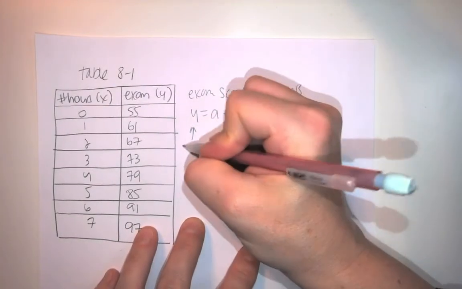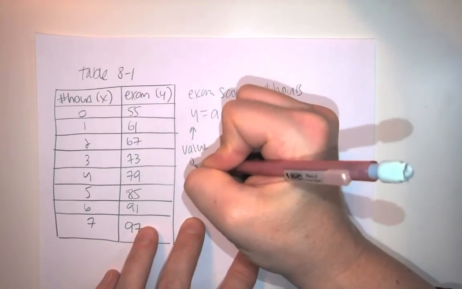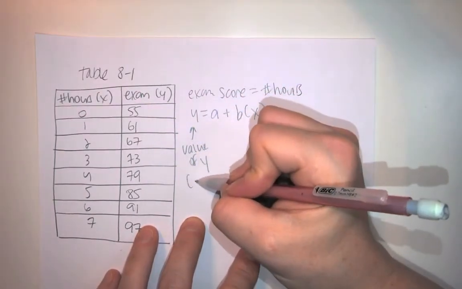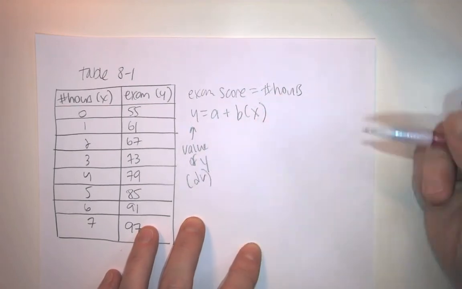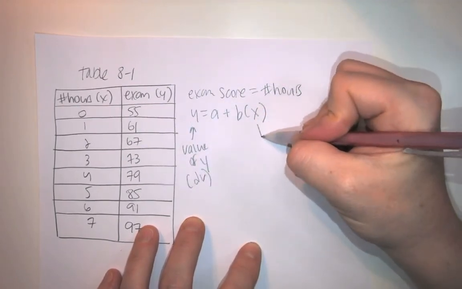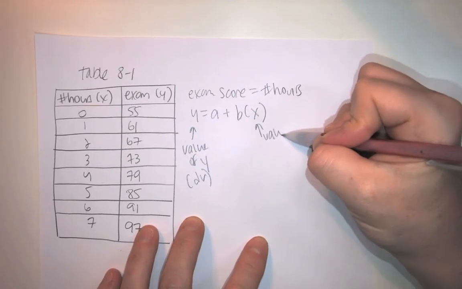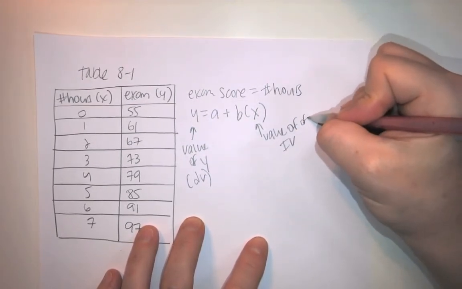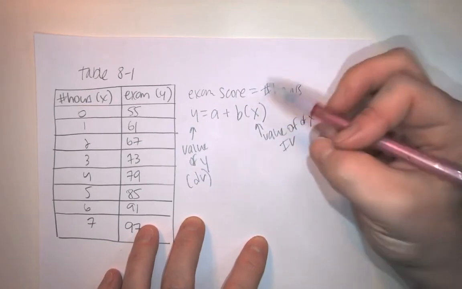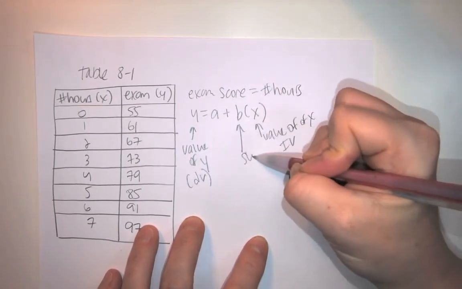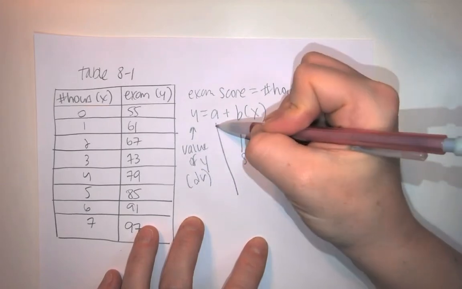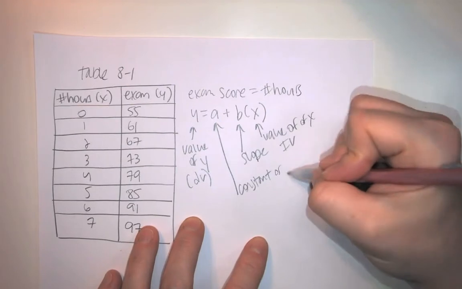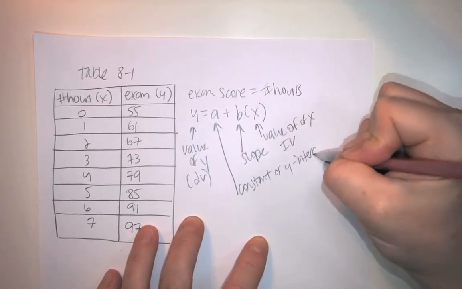Y is the value of Y, or your dependent variable. X is the value of your independent variable, or of course X. And then B is the slope, and A is the constant, or the y-intercept.